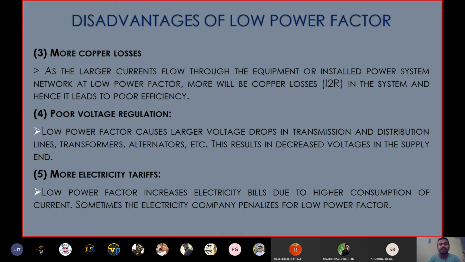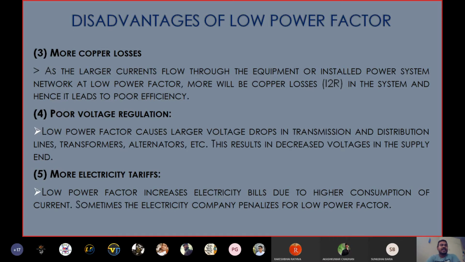Low power factor causes larger voltage drop in transmission and distribution lines, transformers, alternators, etc. This results in a decreased voltage at the supply end. Due to the high current taken, the voltage drops, and due to it the supply voltage level decreases.